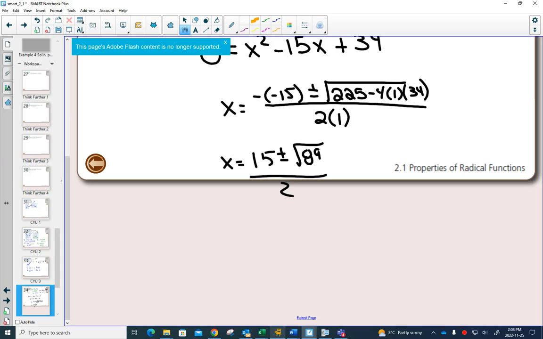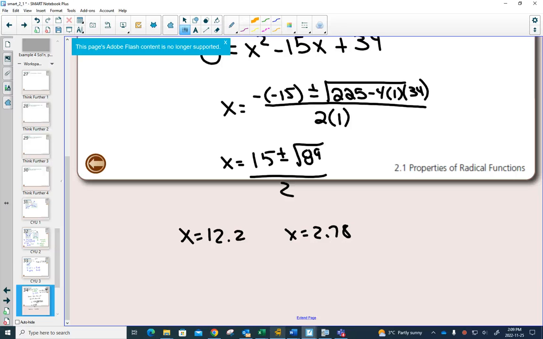Now the interesting thing about one of the answers is 12.2, and the other answer is minus 2.7. I got plus 2.7. Did anybody do it on their calculator or Desmos?